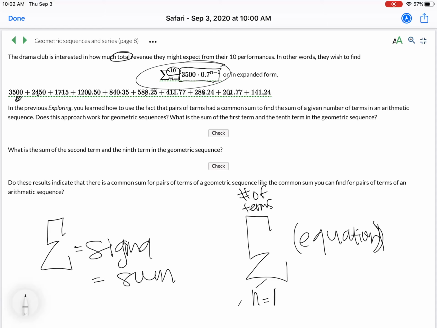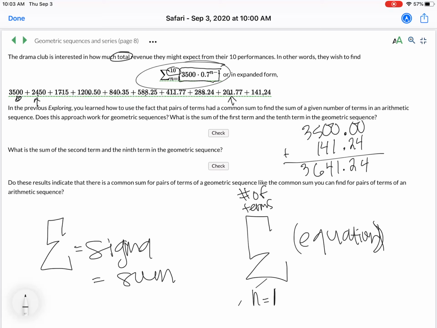So what I'm going to do right now is show you for a geometric sequence. So the first term is 3,500, okay? And then the last term, the 10th term, is 141.24. Okay, so I'm adding. All right, so I get 3641.24. Now, it says, what is the sum of the second term and the 9th term?